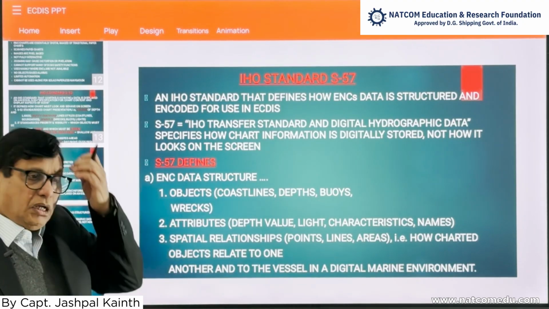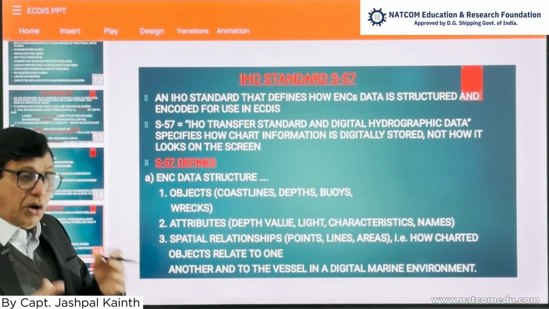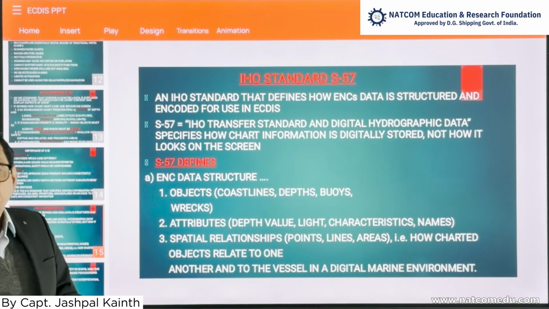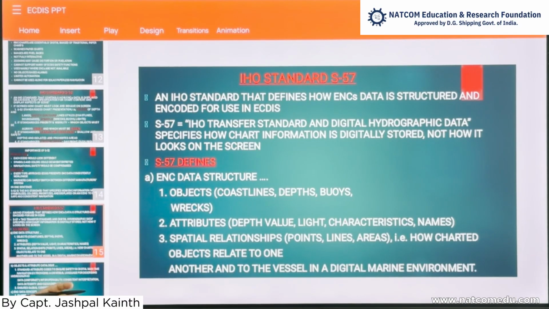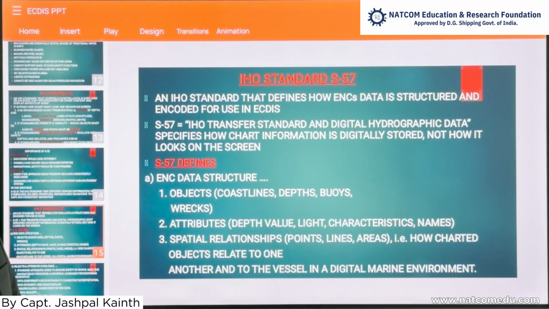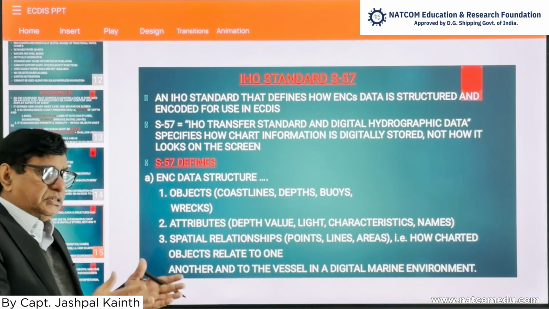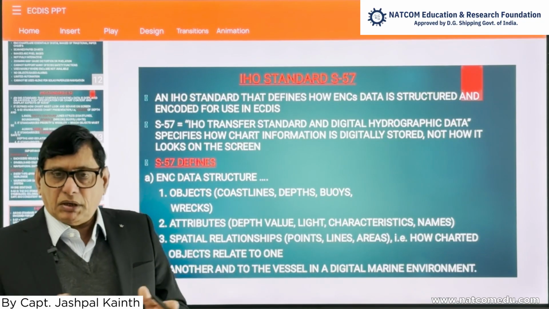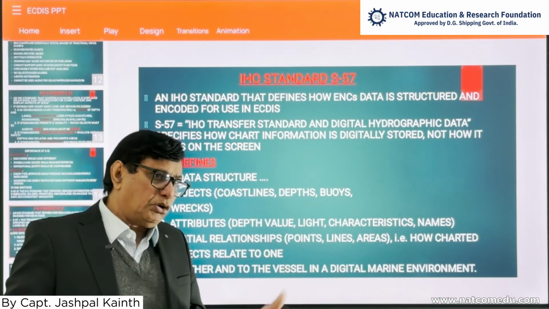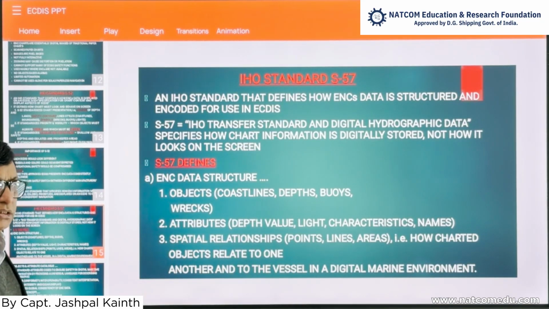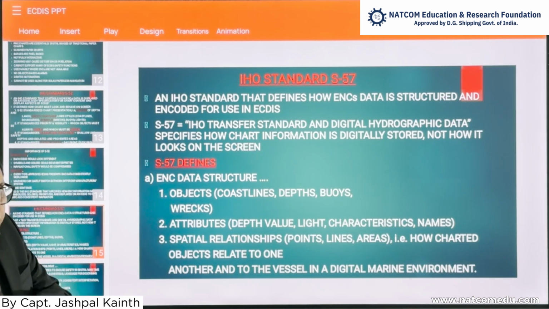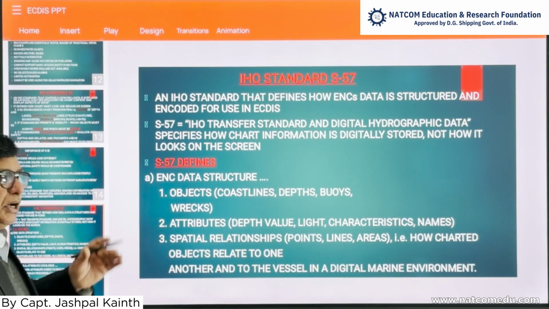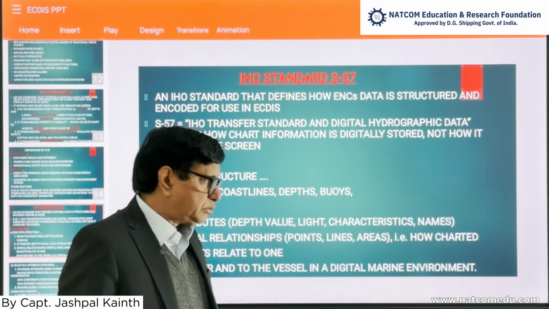That means with respect to GPS or our vessel's position, the position of all other objects should also be consistent. Also, other vessels with respect to our vessel should be consistent, in the sense that if the GPS position of our vessel is taken by the GPS, it should be the same for the other objects or other vessels.